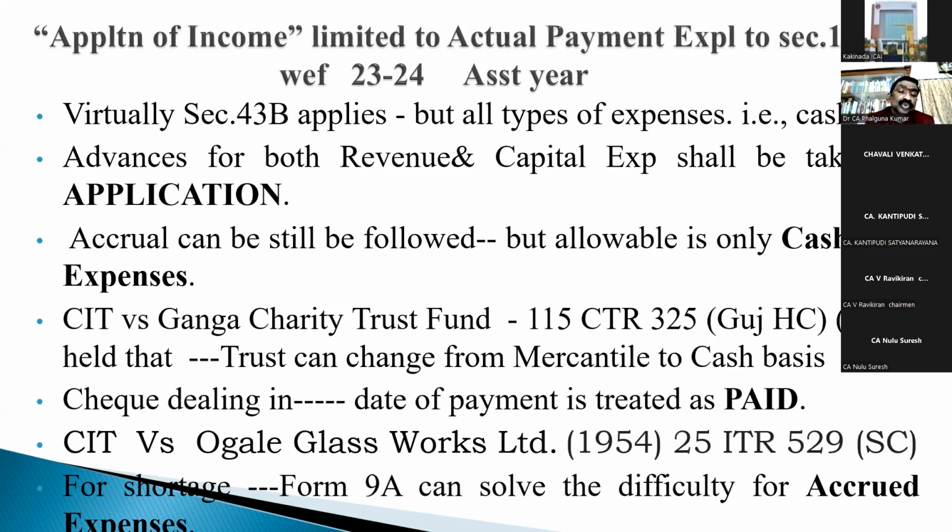Based on that, some institutions have gone for bank loans. Banks will ask, where is your balance sheet? How much is due from government? Tell me. And give an undertaking that the moment the government pays, you will clear off the loan. So in such cases, by going for the cash system, you may not be able to display the fees due from government. So better you continue the accrual system.